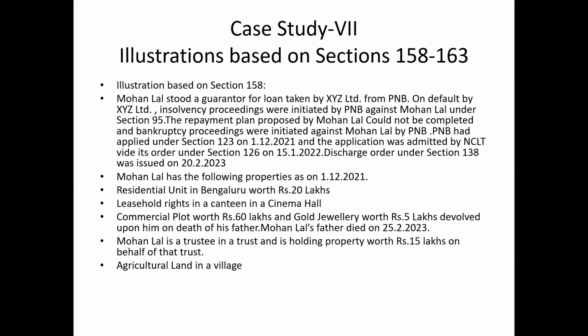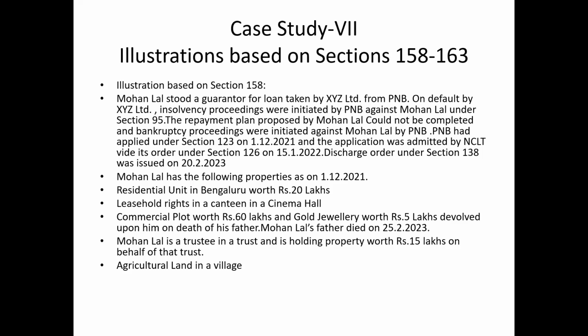Yes, sir. Okay. Please. So Mohanlal stood a guarantor for a loan taken by XYZ Limited from PNB. On default by XYZ Limited, insolvency proceedings were initiated by PNB against Mohanlal under Section 95. The repayment plan proposed by Mohanlal could not be completed, and bankruptcy proceedings were initiated against Mohanlal by PNB. PNB had applied under Section 123 on 1st December 2021, and the application was admitted by, sir, is it DRT or NCLT?